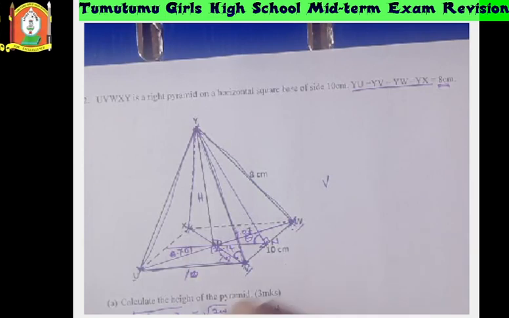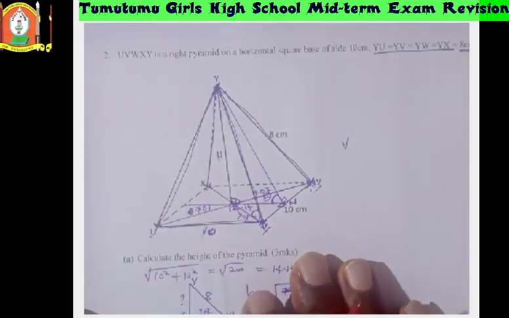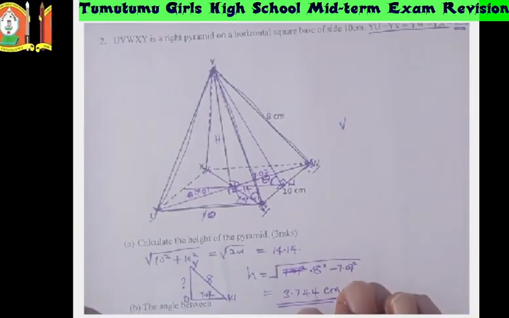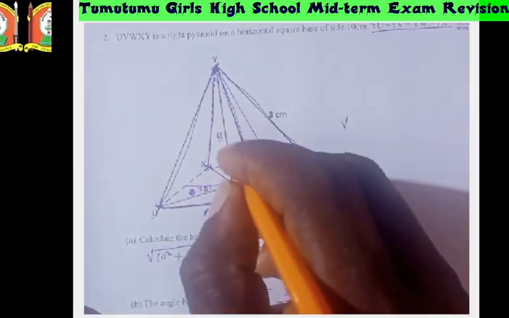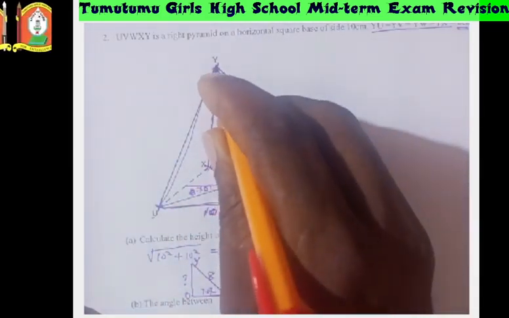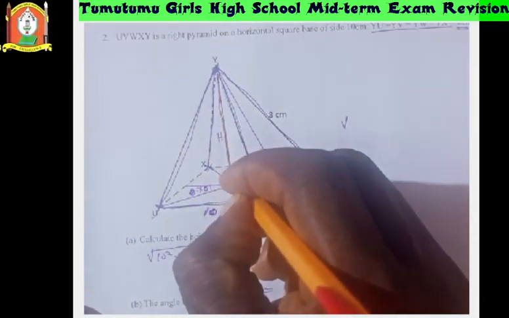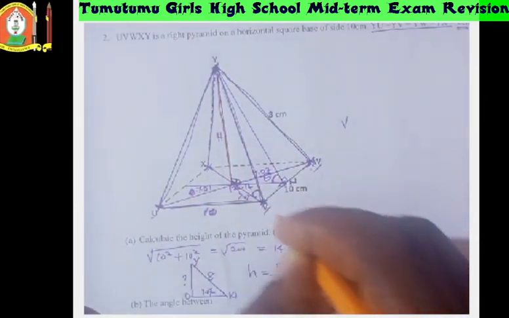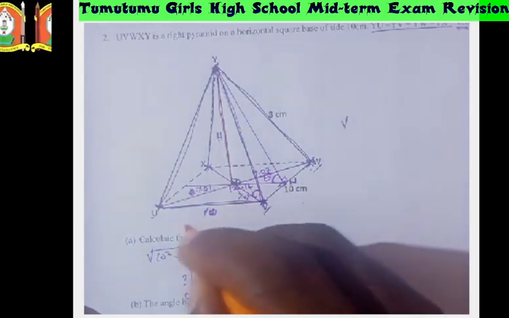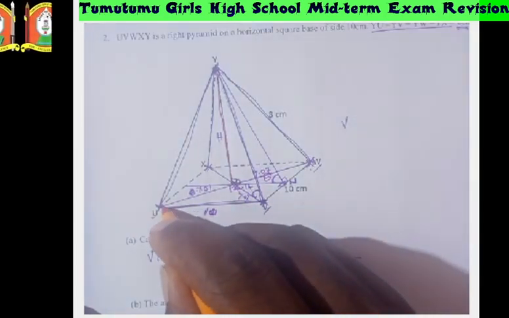So we want the perpendicular height of the pyramid. To find the height of the pyramid, we need to locate the height. After seeing the height, we have a look at what we have. So we need the diagonal.